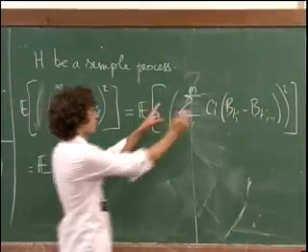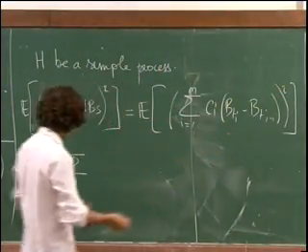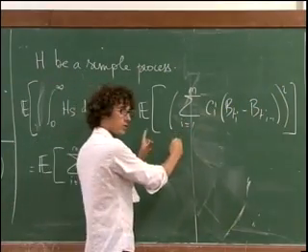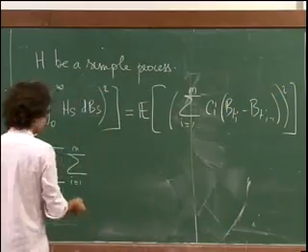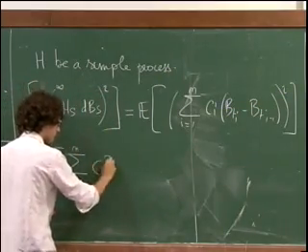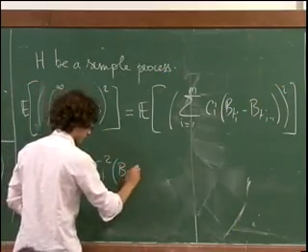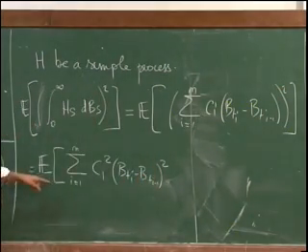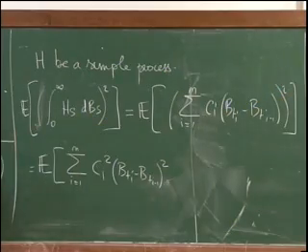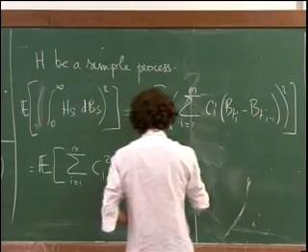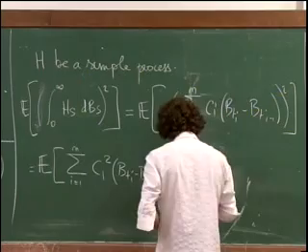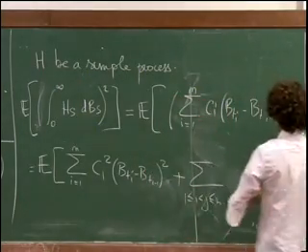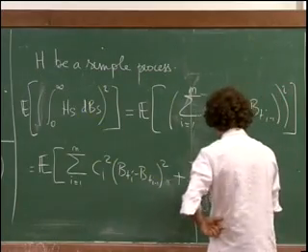So when I have this big square, I can expand it. I will have some terms where I take i in the first sum and i in the second sum. So these terms are exactly of this form. That's the term where I take both the same points. And I have other terms, actually a lot of them, where I don't take the same index in the first and the second sum.